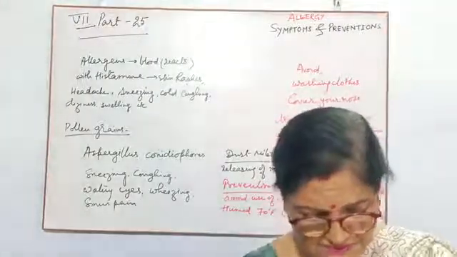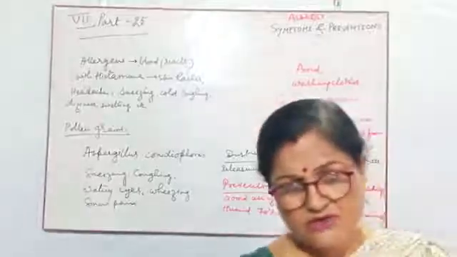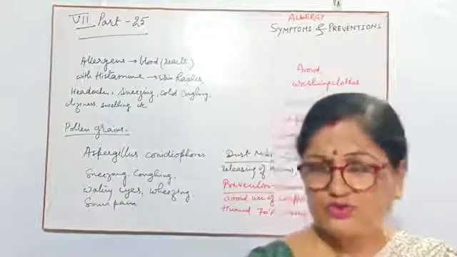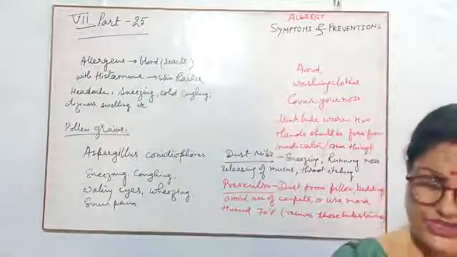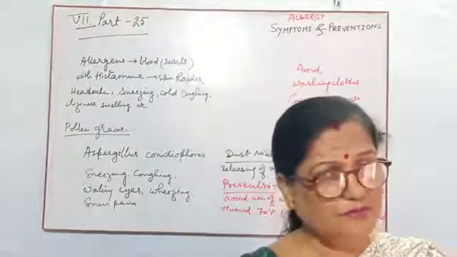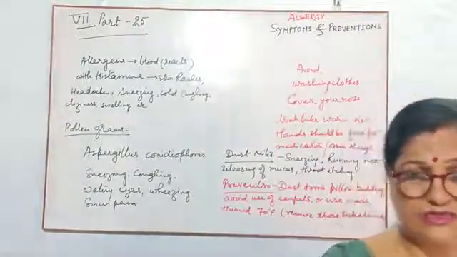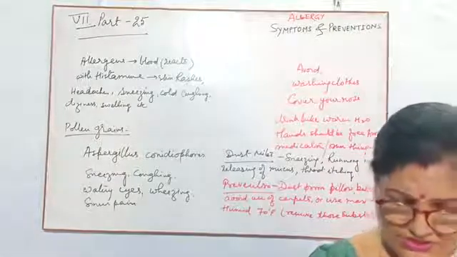Next prevention, if suppose it is present on our clothes, then clothes should be washed, dried properly, and then should not be kept in the open area, so that any pollen grain or dust particle does not reach our clothes.